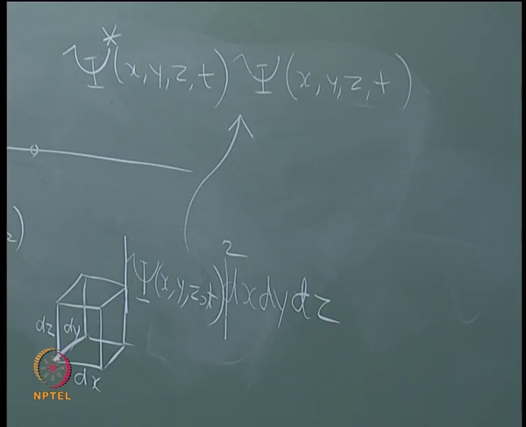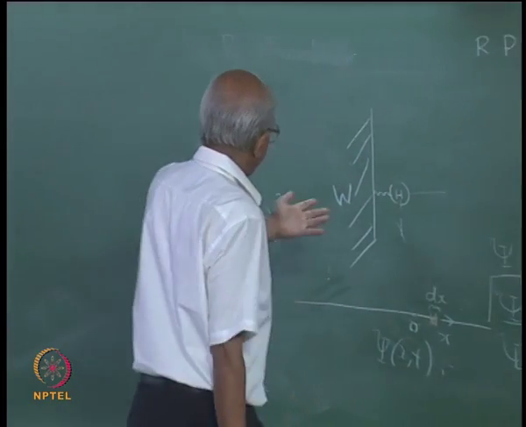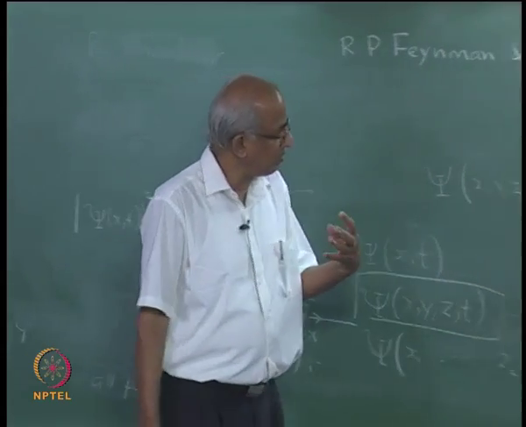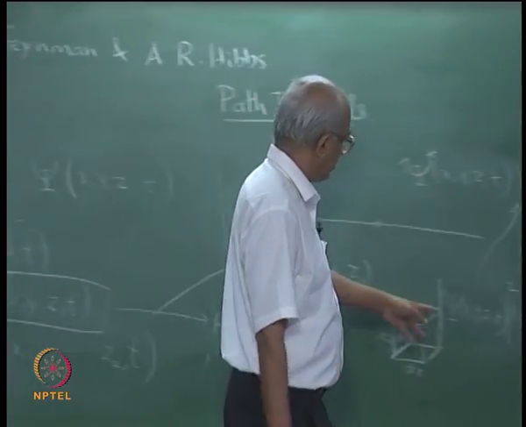Now, as I told you, depending upon the problem that I consider, for example, here I was thinking of a hydrogen atom, then you have dx, while if I am thinking of a helium atom in this room, what happens? This is my probability.